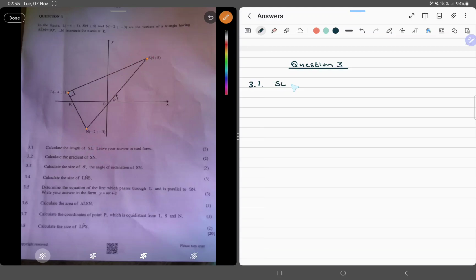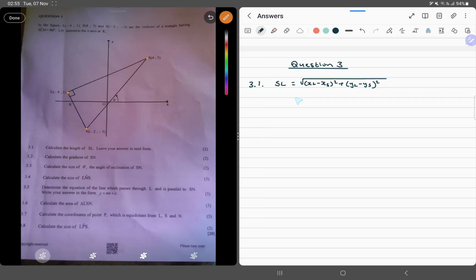So SL is equal to the square root of (x at L minus x at S) all squared plus (y at L minus y at S) all squared.